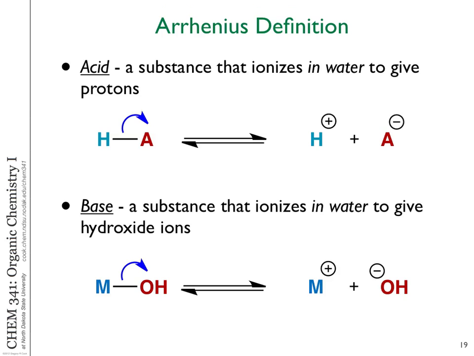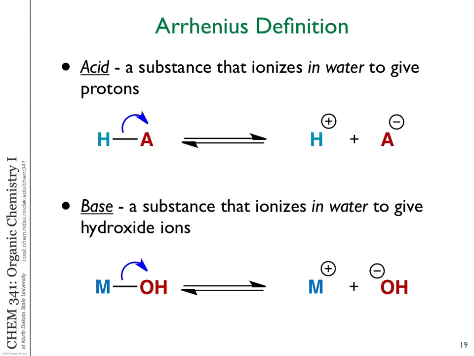So M is just a generic symbol for a metal, for example. If you have sodium hydroxide, it'll ionize to form hydroxide ions. Or if the proton comes off, it'll ionize to form hydroxide, but then you also form proton, right? If M is a proton, if you're talking about water, do you call that by the Arrhenius definition an acid or a base?